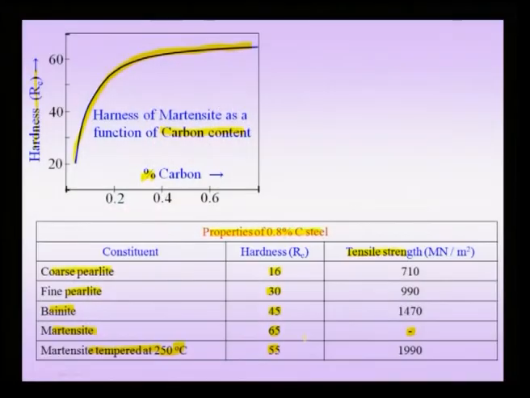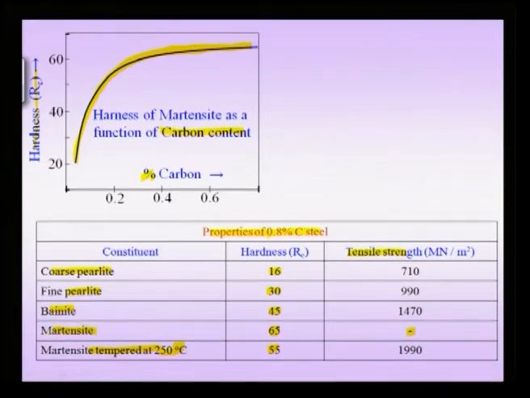So, let me summarize this slide once more, because it is a very important slide telling that the composition is important, that the hardness of the martensite produced increases with the percentage of carbon, but more so, even for a single composition like 0.8% plain carbon steel, the hardness can vary depending on the kind of microstructure or micro constituent you produce, and even within a single micro constituent like pearlite.